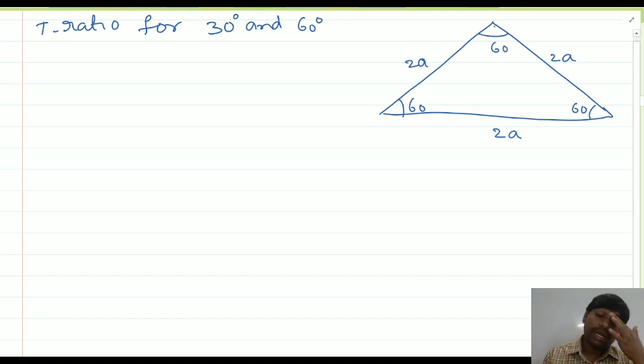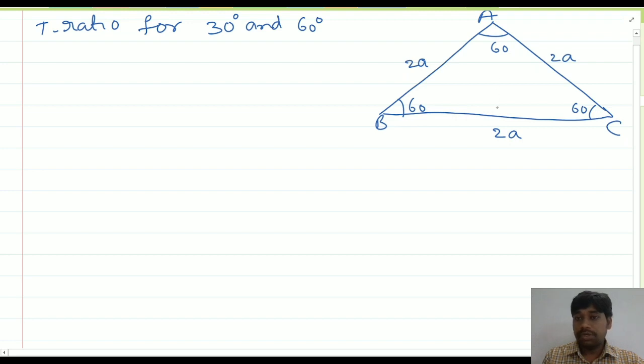Now what I want to construct, this is triangle ABC. I want to draw a perpendicular to BC, so it will become the third side.